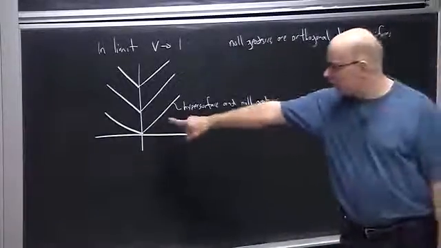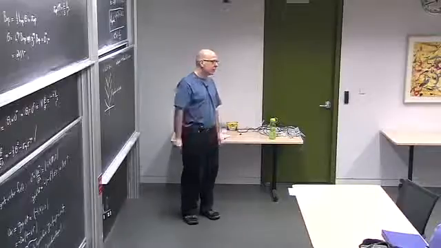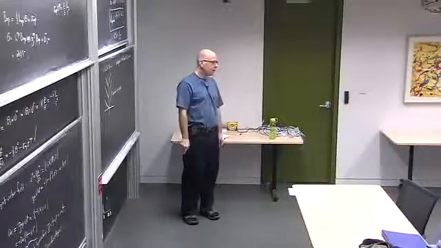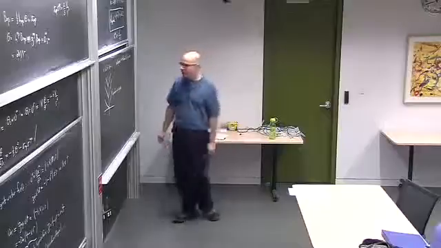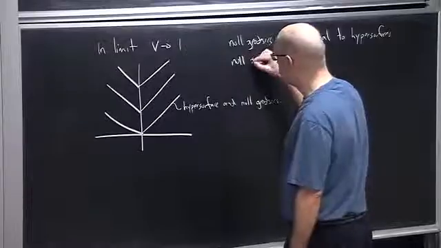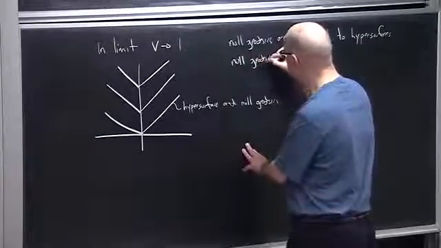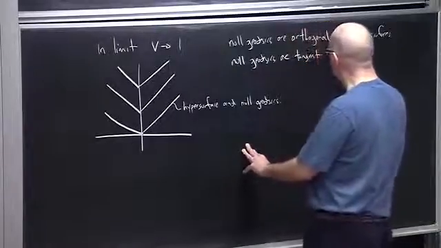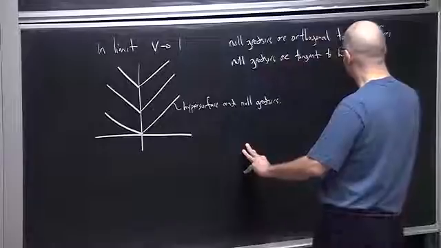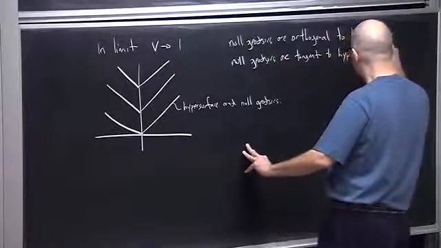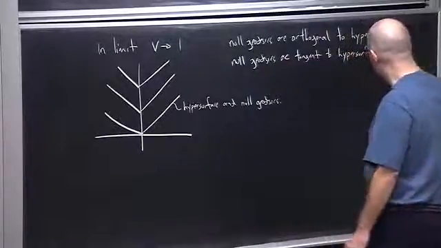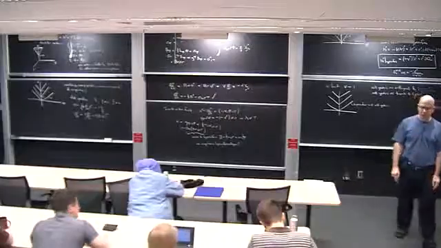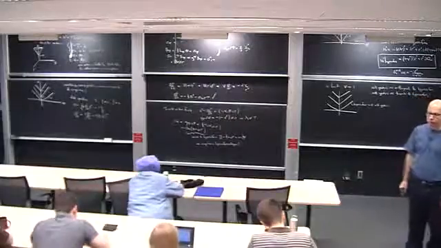But if the null geodesics are lying in the plane, in the hypersurface, they're also tangent to them. So null geodesics are tangent to the hypersurfaces. And I can say both statements, and they're both true.